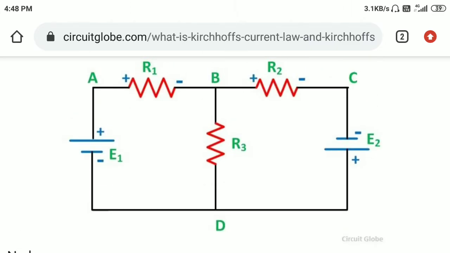See here, ABDA. So this is the loop. ABDA is the loop. And the next one is DBCD.